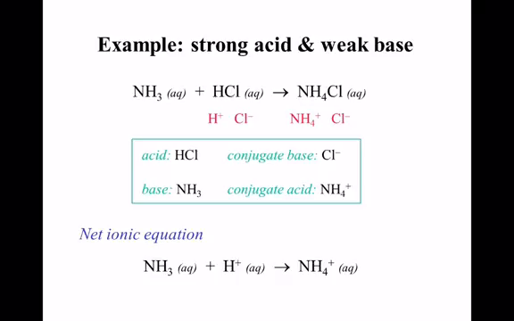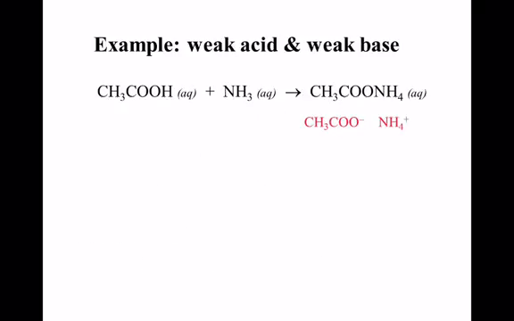Last but not least, or maybe least, because if they're both weak, the chemistry gets not quite so obvious. If you think the chemistry is complicated with your weak acid, strong base, or strong acid, weak base, the chemistry with both weak is very interesting.